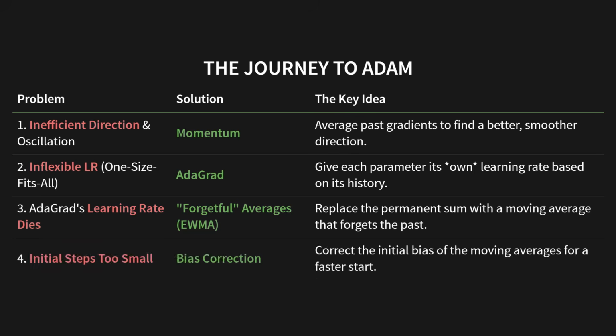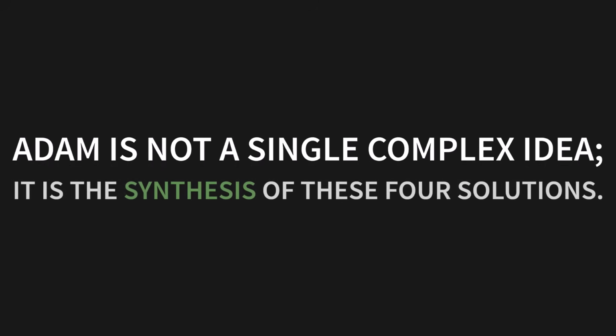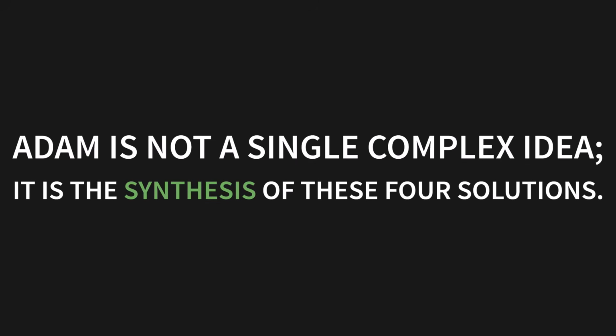And finally, our fourth problem. Those initial steps were too small because of the zero initialization. The elegant solution? Bias correction. We just corrected the initial bias of the moving averages to get a faster, more accurate start. This is the entire story. Adam is not a single complex idea. It is the synthesis of these 4 solutions.